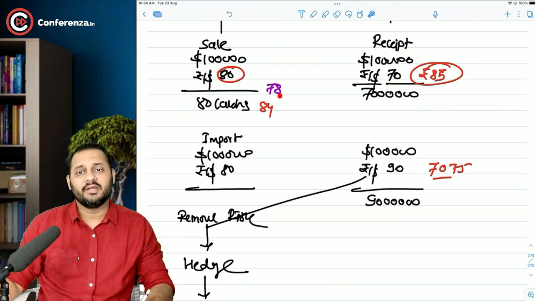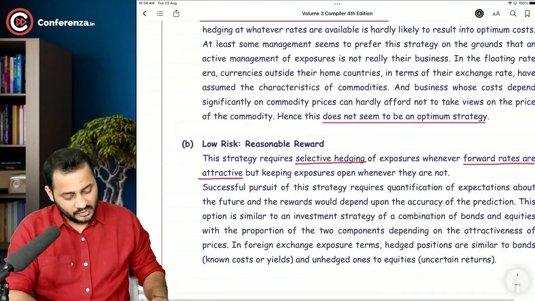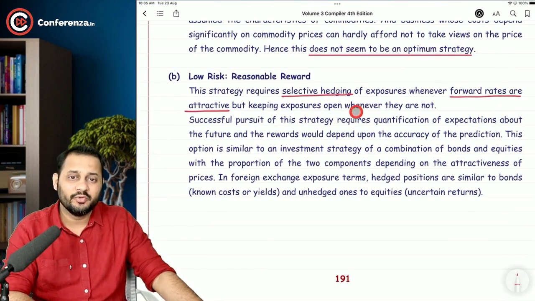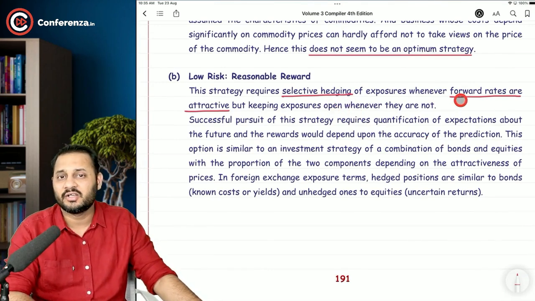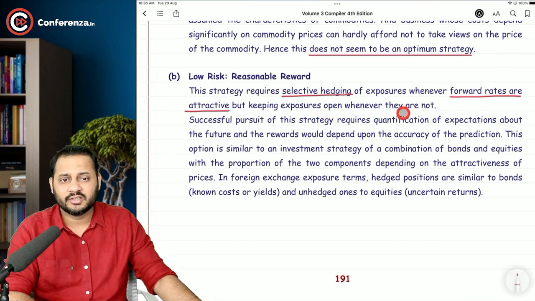But in the first policy, low risk, low reward, you will automatically hedge at whatever rates are given. So that is the difference. What you are doing in the second part is you are not automatically hedging. You are doing it on a selective basis where the forward rates are attractive, but keeping exposure open whenever they are not.